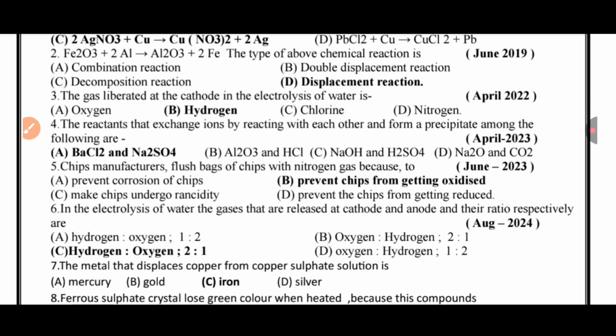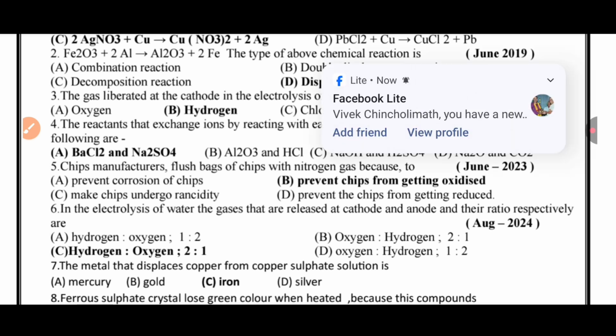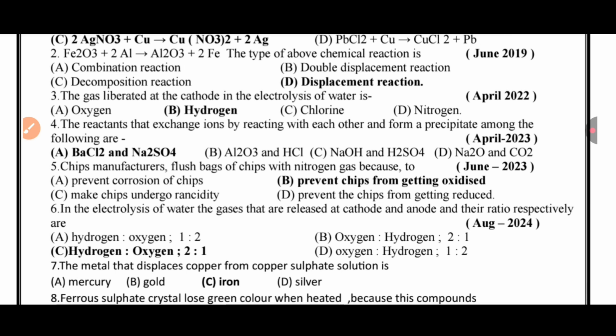Next question. The reactants that exchange ions by reacting with each other and form a precipitate among the following are: BaCl2 plus Na2SO4, Al2O3 and HCl, NaOH and H2SO4, Na2CO3 and CO2. The correct answer is BaCl2 and Na2SO4.